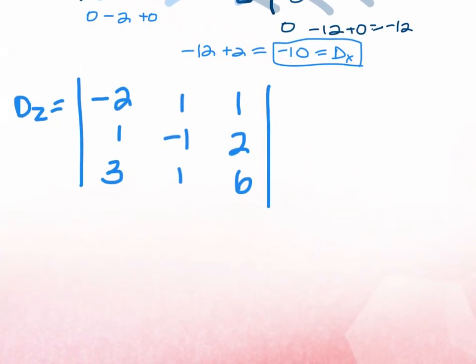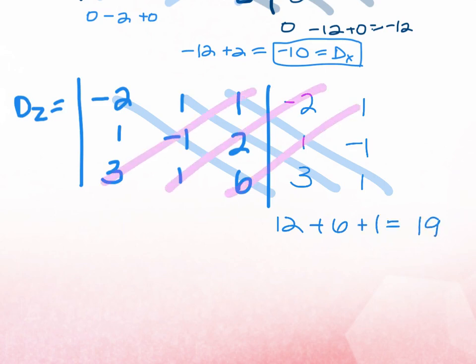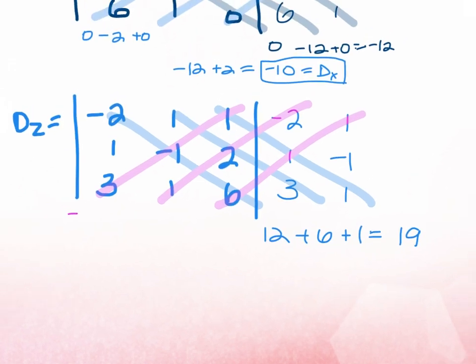And the last one. So +2 times 6, 12. 6, 1. And back the other way. -3.